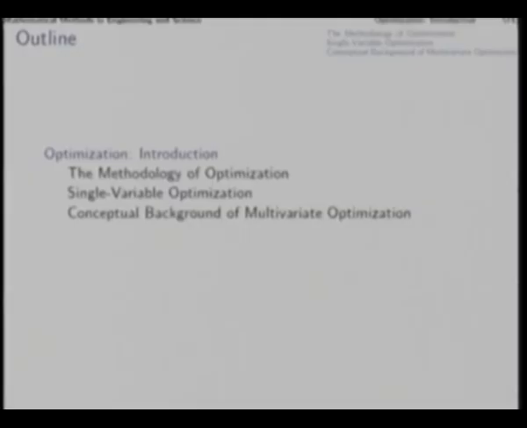In the current lecture I will first summarize the general methodology of optimization and briefly recapitulate the topic of single variable optimization, which you are already conversant with, and continue into developing the conceptual background of multivariate optimization. The actual multivariate optimization methods will be taken up in the next lesson.